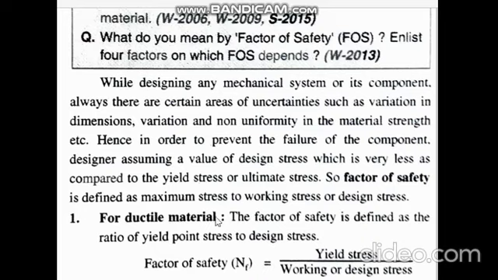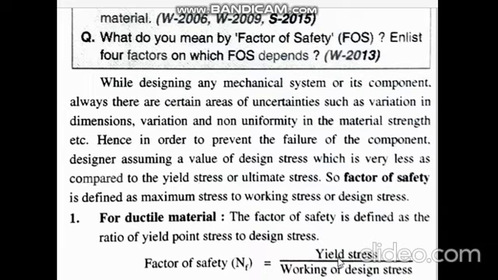So for a ductile material, when it is past the yield stress level in the stress strain diagram, we consider that the component has failed. So for ductile material, yield stress is the failure stress. It need not break into two pieces, even a little elongation is enough.